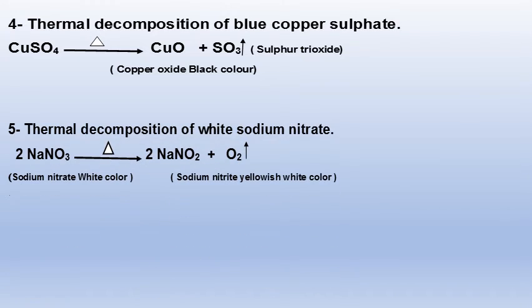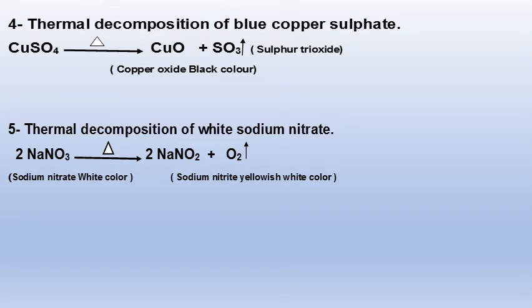Number 5, the thermal decomposition of white sodium nitrate. White sodium nitrate. The chemical formula of sodium is Na, and the chemical formula of nitrate is NO3. You must know that. NaNO3, sodium nitrate, which is a white powder. By the effect of heat on it, it decomposes into sodium nitrite.